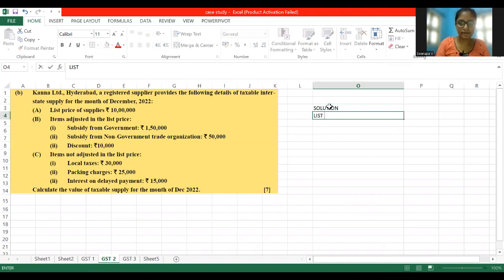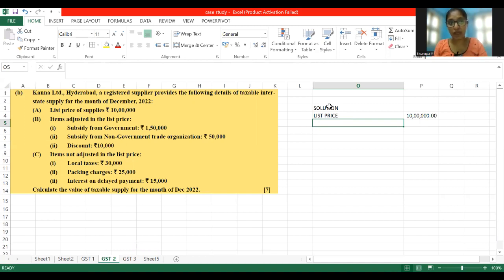The first one, list price, 10 lakhs. Items adjusted in list price. What is adjusted in list price? This 10 lakh is arrived after reducing these three items. So I have to select which item I have to add back. Only that. So subsidy is allowed.